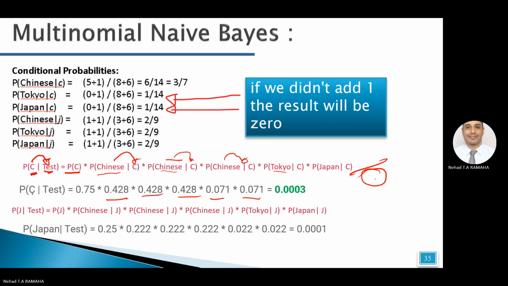The division is the same for both categories. You remember the naive Bayes? We avoid it because it needs a lot of calculation. We mentioned it when we mentioned the general rule for naive Bayes. Let me remember where we mentioned it. I think here.